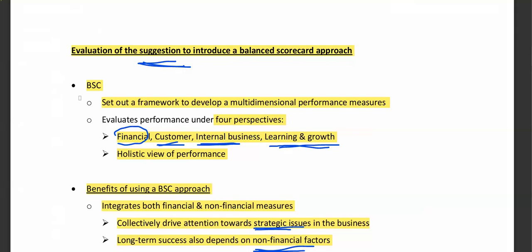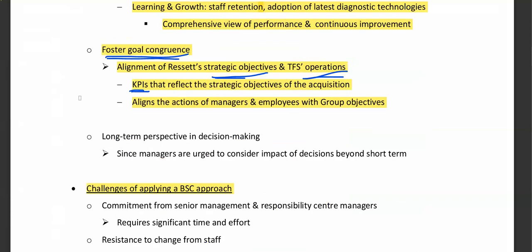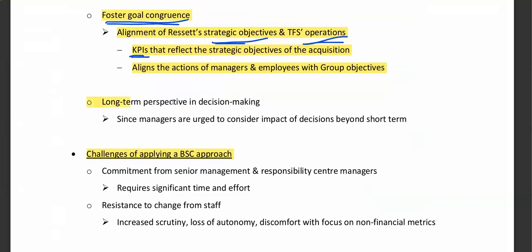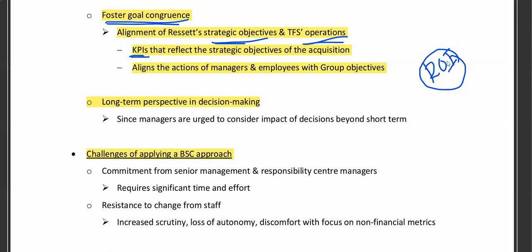Another key point that you could have highlighted is with regard to long-term perspective in decision making, because if you judged this division based only on ROI, return on investment, they would have only focused on improving profitability as a percentage of the investment.